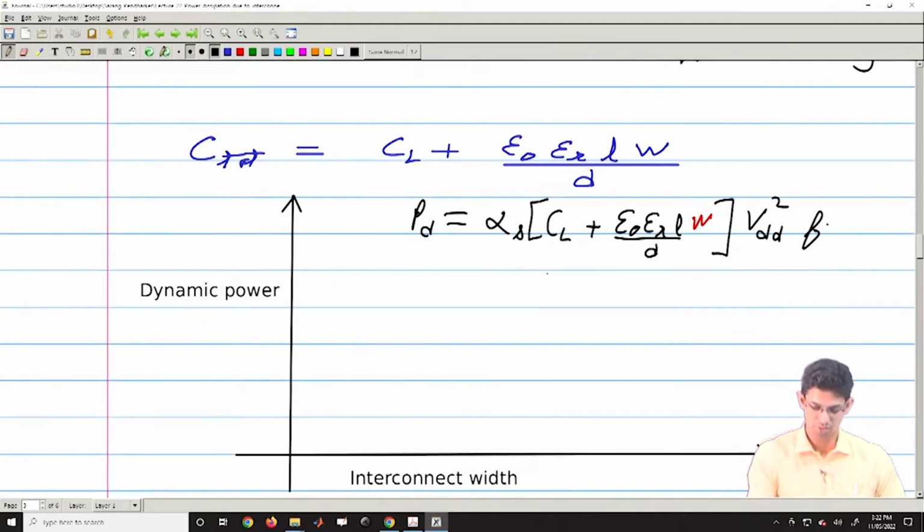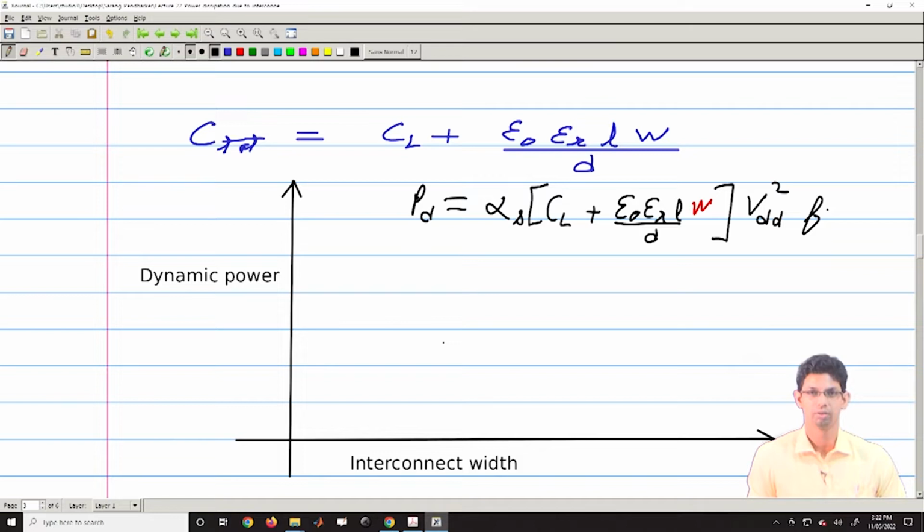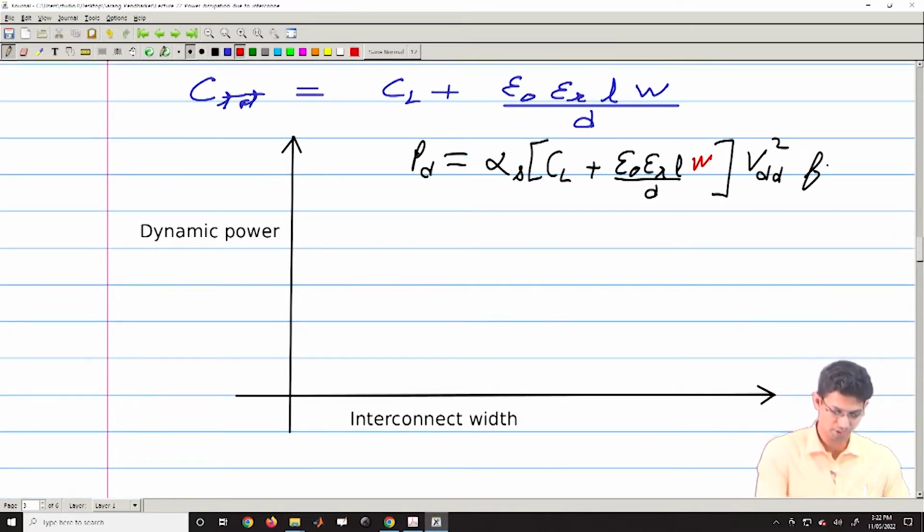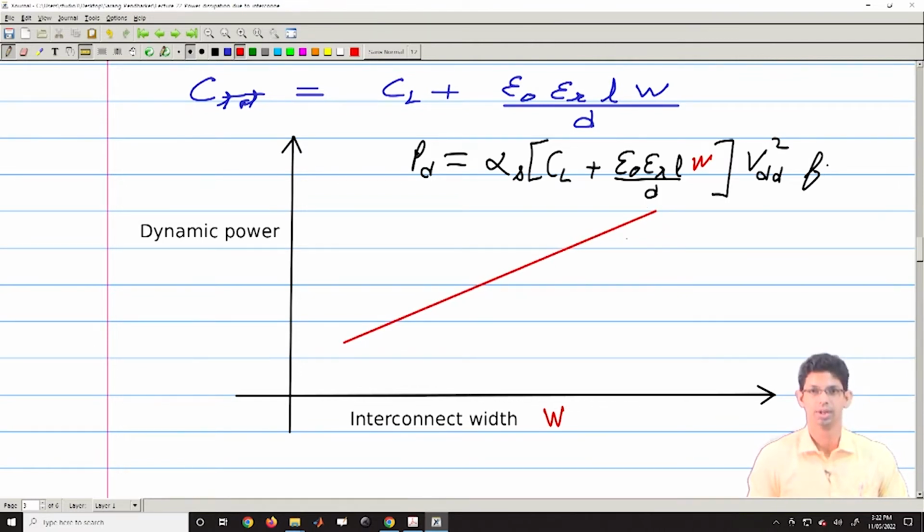So, if I now look at this dependence, what I will get is, if my interconnect width is W, my dynamic power increases linearly with my width.